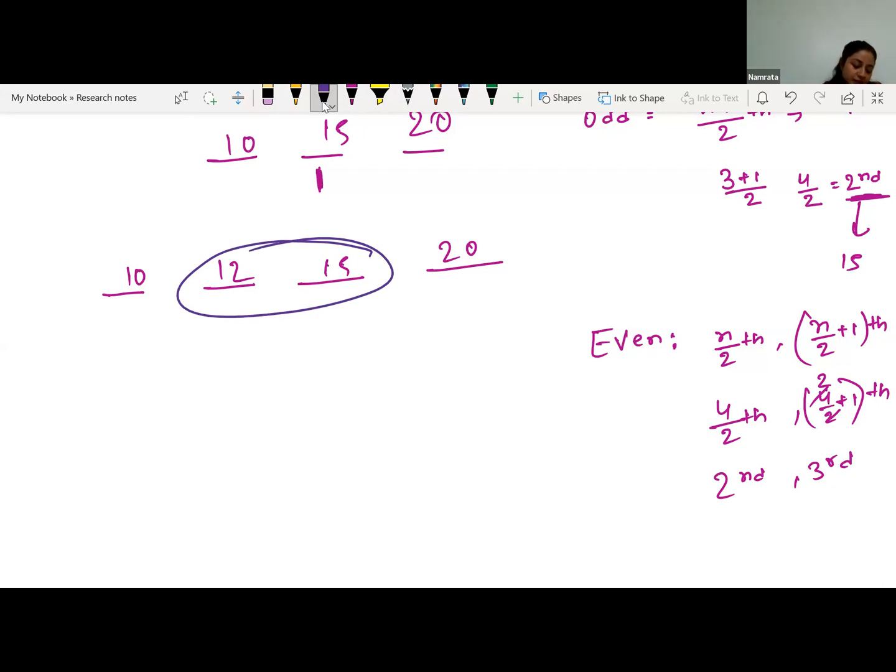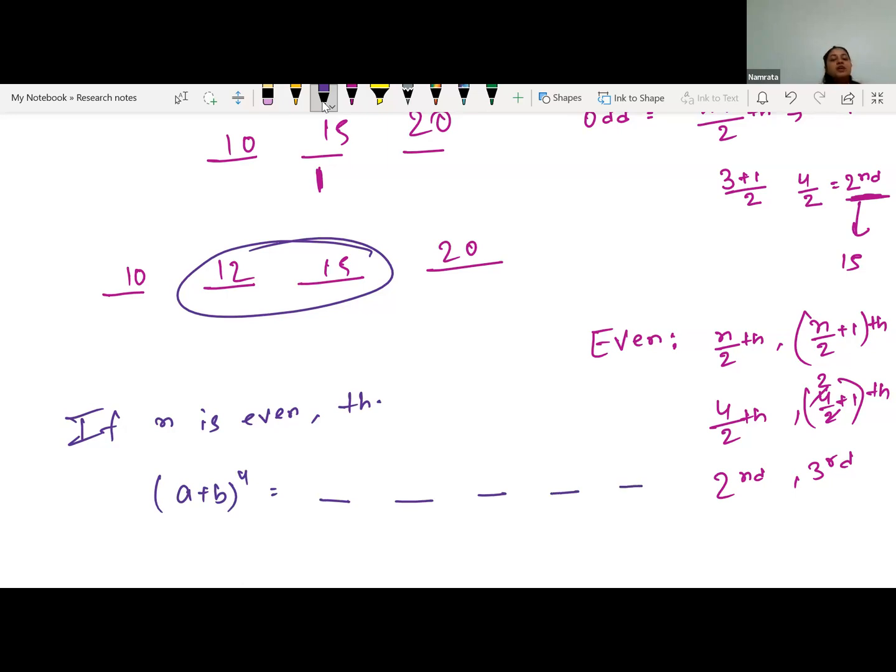Here also, we have the concept of middle term, which says that if n is even, one thing we discussed in the very beginning: if a plus b to the power 4 is there, then how many terms will you get, Lena? 5 terms, right? 1, 2, 3, 4, 5.